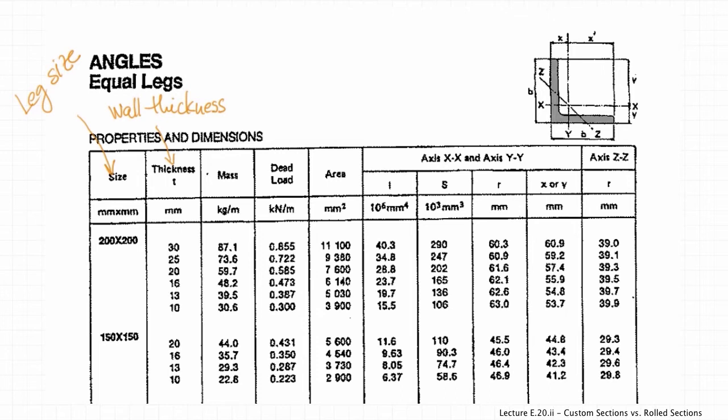The wall thickness, and of course the mass, which is given in kilograms per meter, the mass per unit length. Remember, we need to select the lightest members that are still strong enough for our design, and we ensure that by selecting a member with a sufficiently large cross-sectional area, larger than what we require.